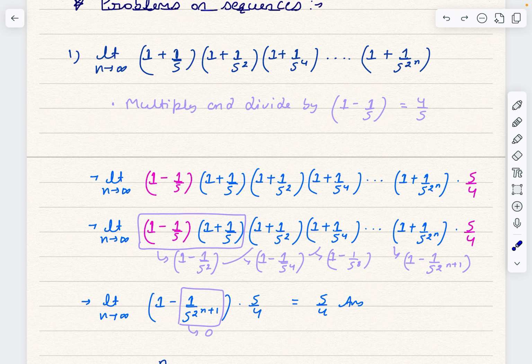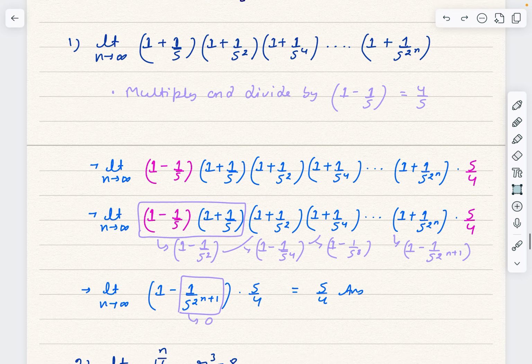Basically, in every step, the power of 5 is getting doubled. So finally we end up with (1 minus 1 by 5 power 2 power n plus 1) into 5 by 4. When n tends to infinity, this will become 1 by infinity, which is 0. So you get (1 minus 0) into 5 by 4, which is just 5 by 4. I hope it is clear to all of you guys. Next problem.